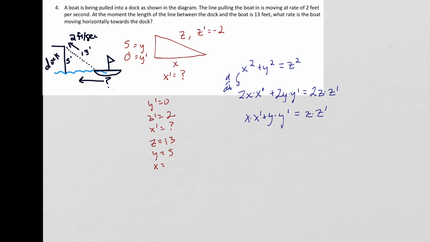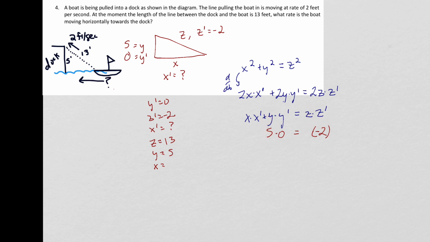All right, so now we're going to plug in what we know. I'm just going to follow the order in which I have them here and write them in. So y prime is 0, so I'm going to write 0 right there. Z prime is -2, so I'm going to write -2 times, I'll put in parentheses. And then, let's see, do we know y? Y is 5. I'm just going through and filling in things as I know.